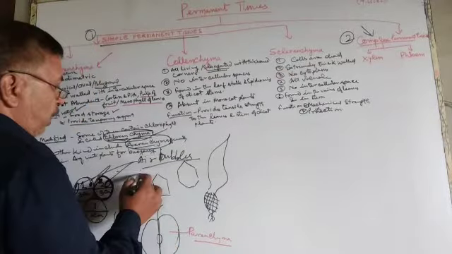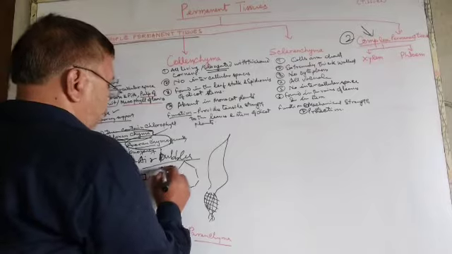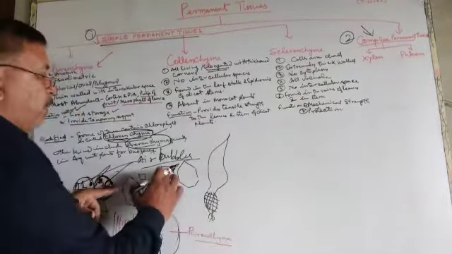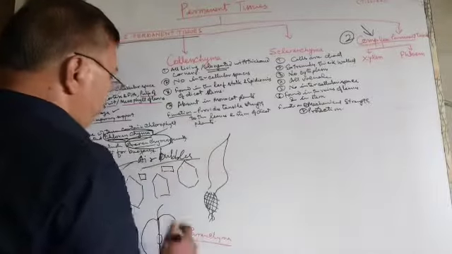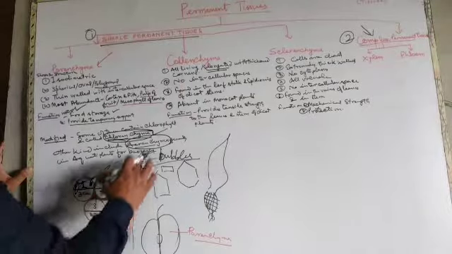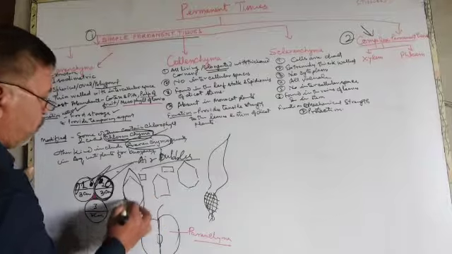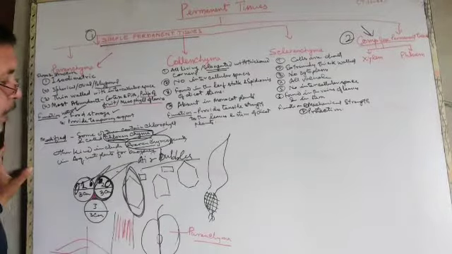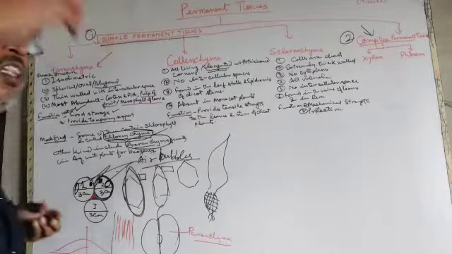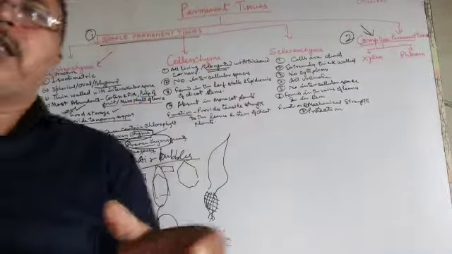This is like a square. What is the difference between a square and a rectangle? One of the sides increases, right? So this is the length. Similarly, suppose this is the parenchyma. If it changes into collenchyma, what will happen? It will take this shape, right? It will become elongated, meaning their size with one aspect increases. Clear?